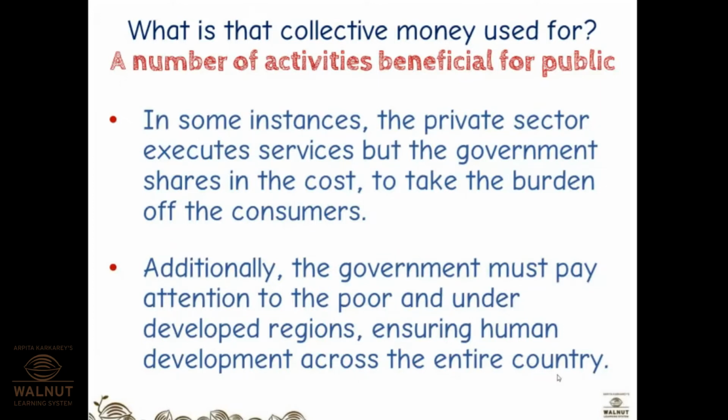The consumers don't have to pay the high rates. Additionally, the government must pay attention to the poor and underdeveloped regions, ensuring human development across the entire country. So the government looks on a broader scale.